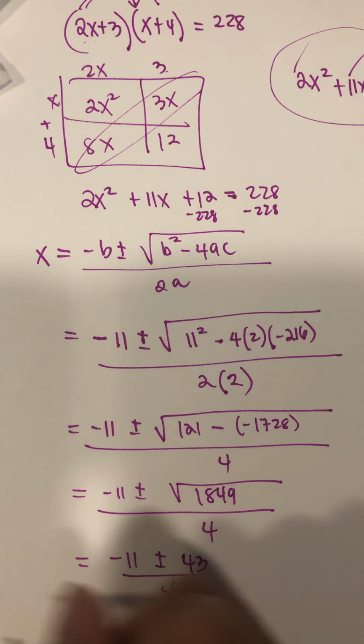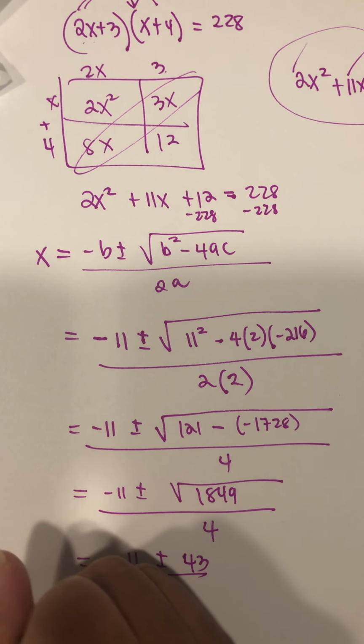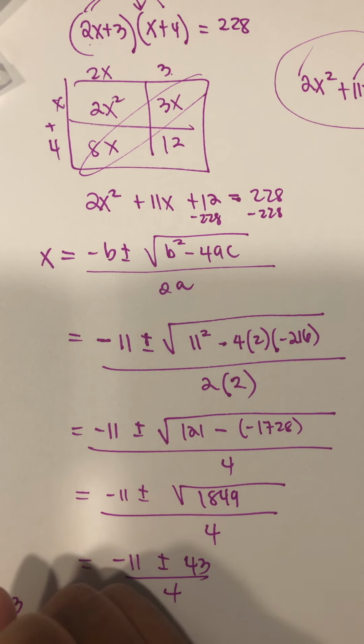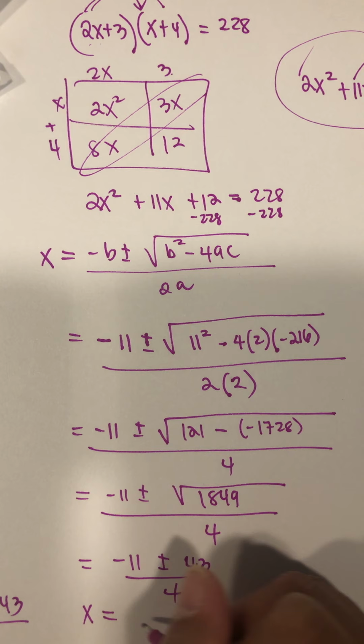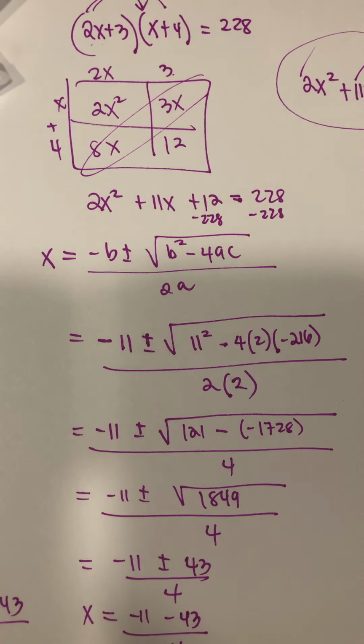Okay, so let's start with the positive. There are negative 11 plus 43 over 4, and the other one is negative 11 minus 43 over 4. You can already tell that you will have a negative number here, so out.